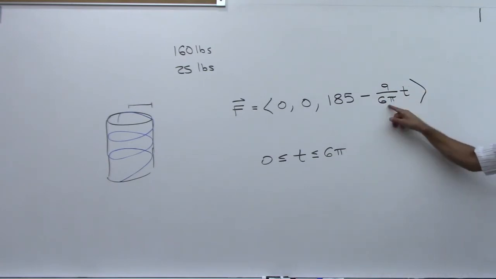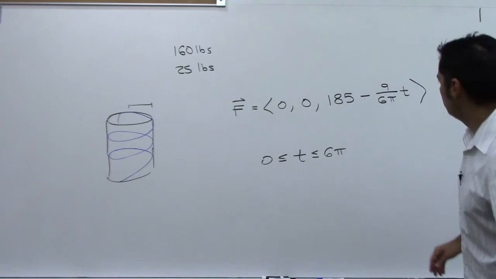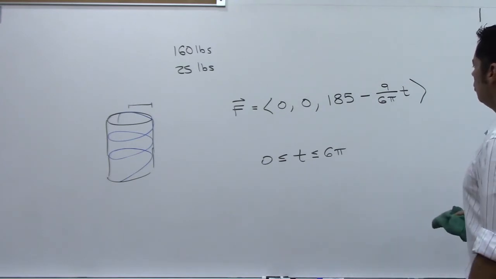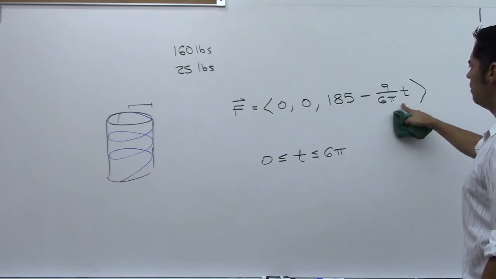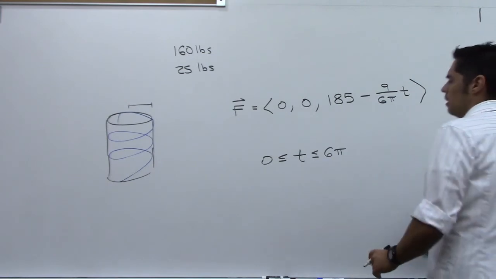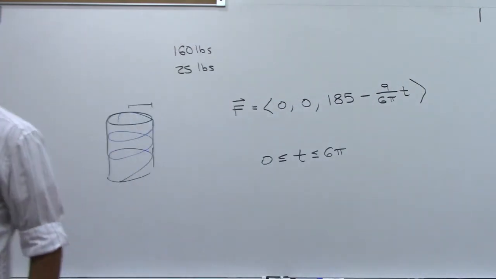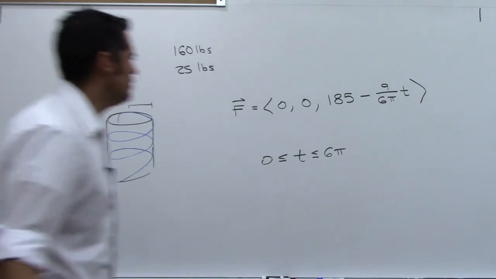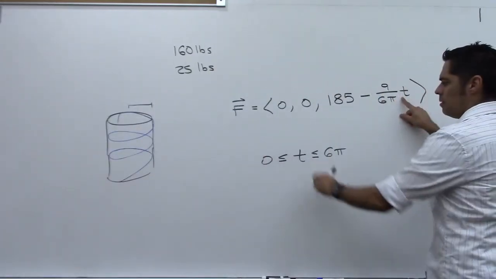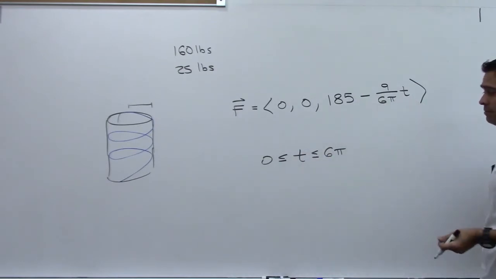So if t is 0, hold on a second. There's a couple of ways you can approach this. If t is 0, you're at 185, so that's him starting up.